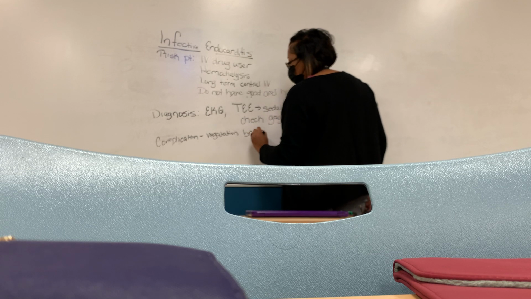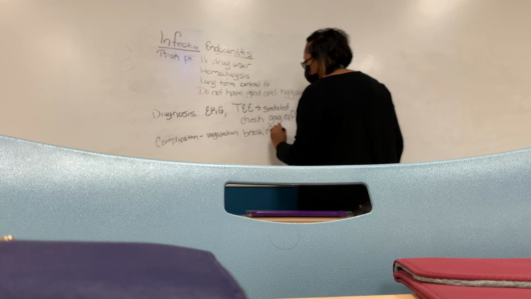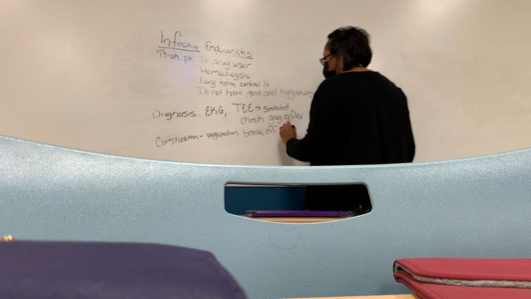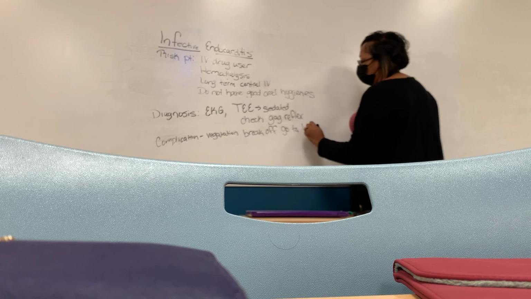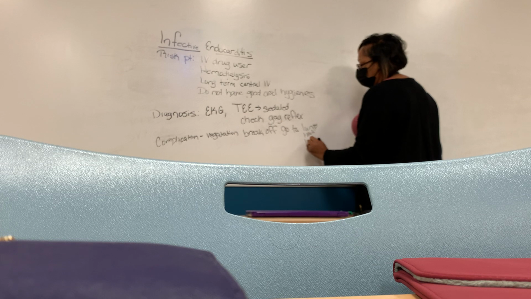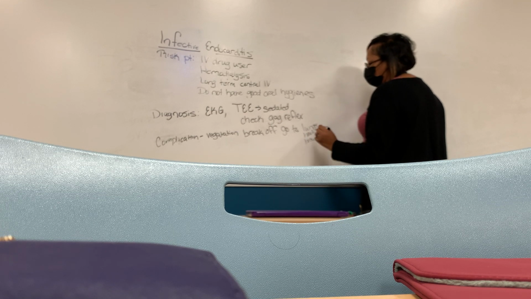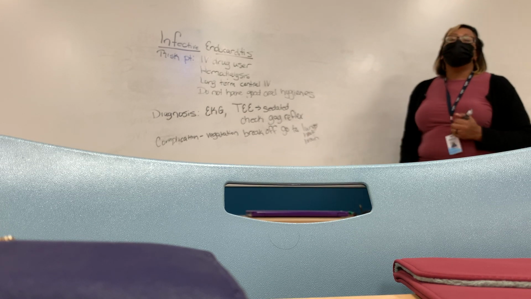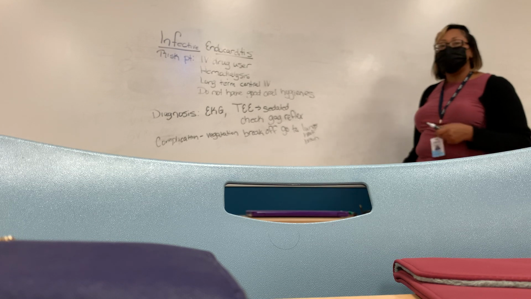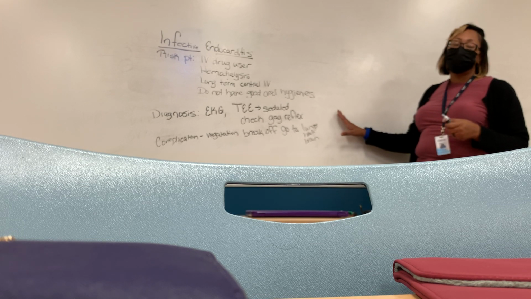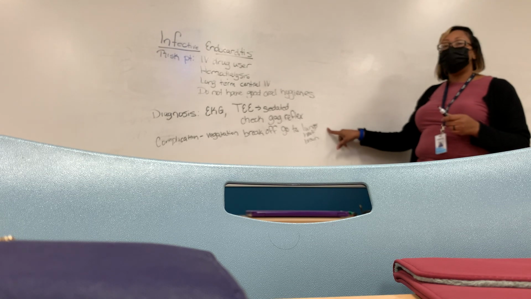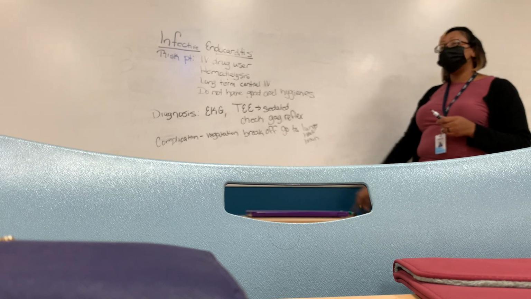That vegetation can break off and go to the lungs, the heart, and the brain. So, stroke? Yep. If it breaks off, they can have a PE, or a pulmonary embolism. They can have a heart attack, and they can have a stroke from that breaking off.